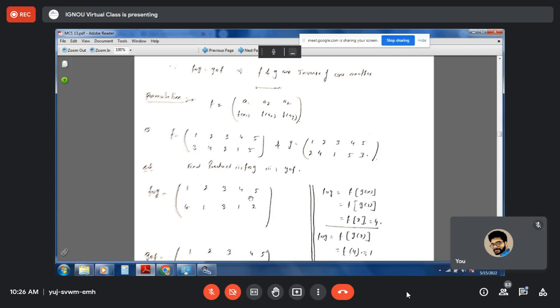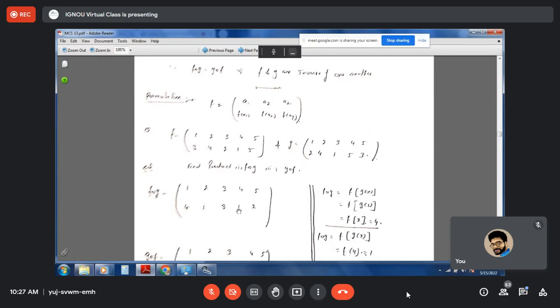After that, 4. What is the image of 4? Go to G. G says the image of 1 is 2. And go to F. 2 says the image is 4. It is 4. By mistake it is written 1. Please correct it.